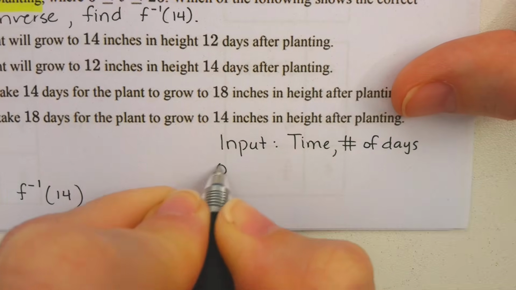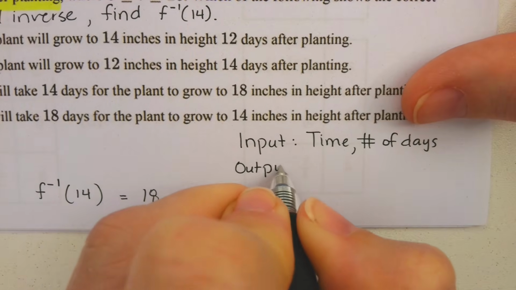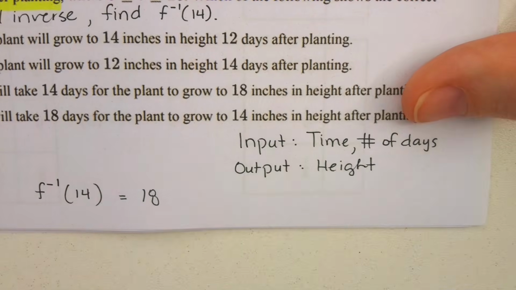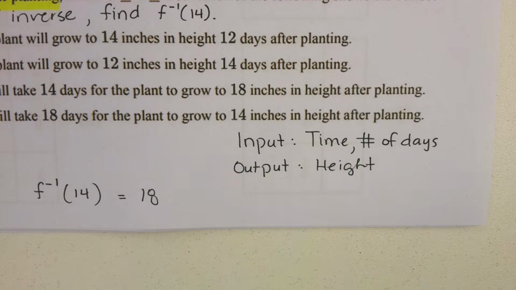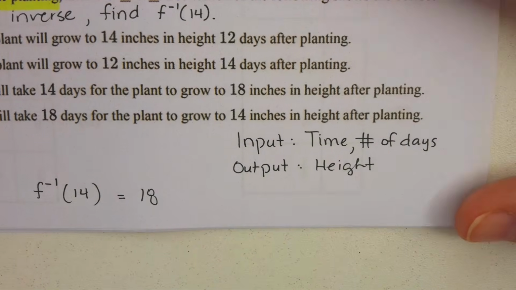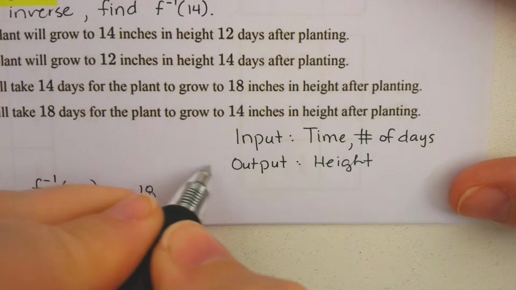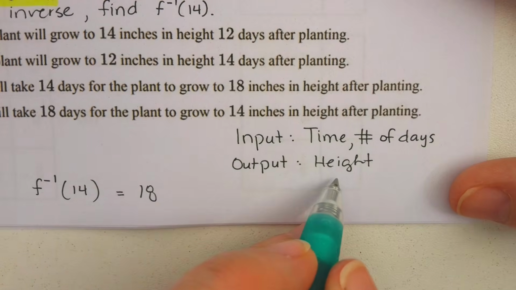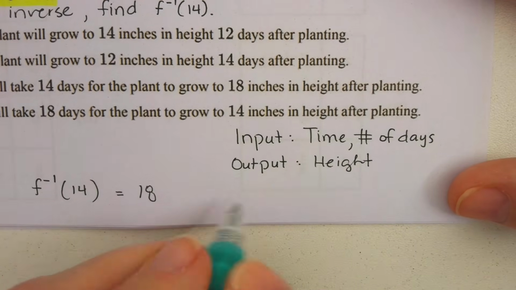And then our original output was how tall the plant is, height of the plant. When you do an inverse, these swap. Okay? The values of them swap, the meanings of them swap. So on the inverse, our new input should represent height, and our new output should represent time of days.